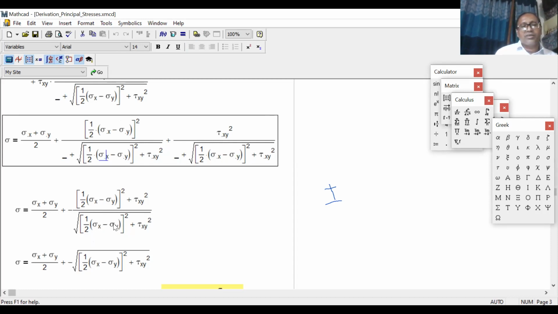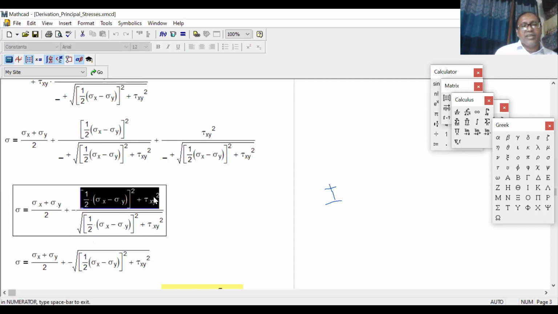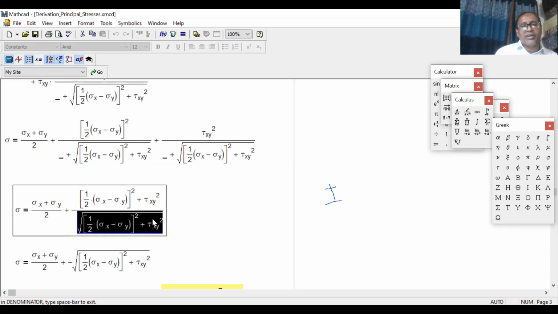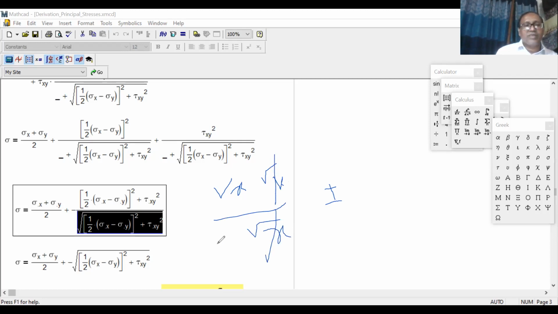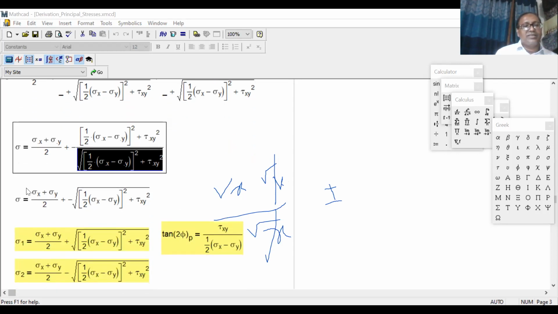So if you simplify, this one you can write as x, and the bottom is root over x. So at the top I have root over x into root over x, and in the bottom I have only root over x. So this root over x will be out. So you have only root over x. So what are you getting?